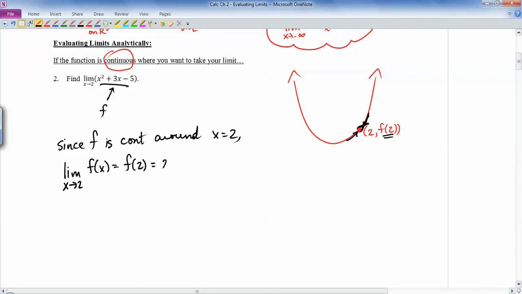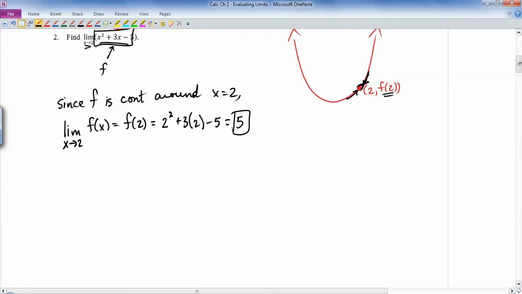And f of 2 is 2 squared plus 3 times 2 minus 5, which is 4 plus 6, so 10 minus 5, it's 5. All right, so continuous functions are easy. If I give you a function that's continuous where you want to take the value, then just plug it in and you're done, right?